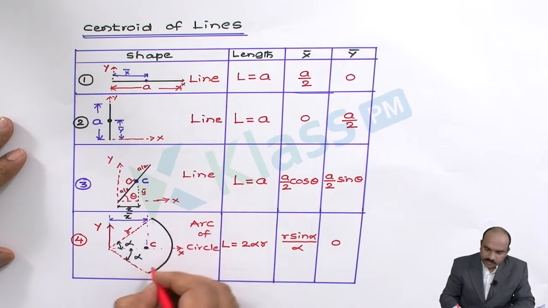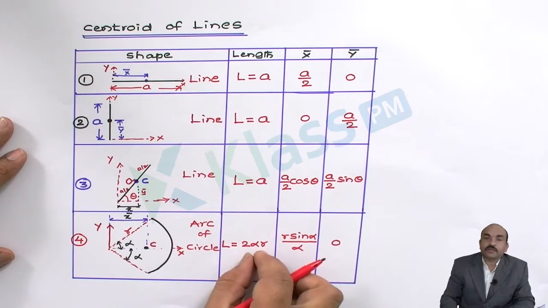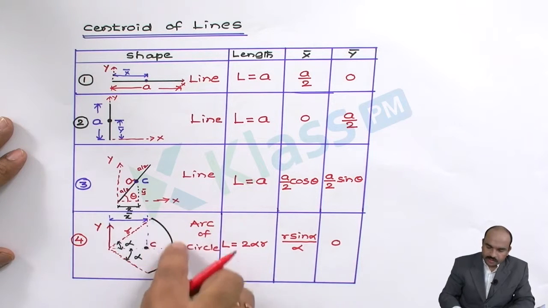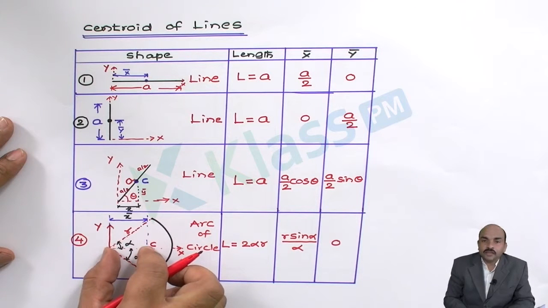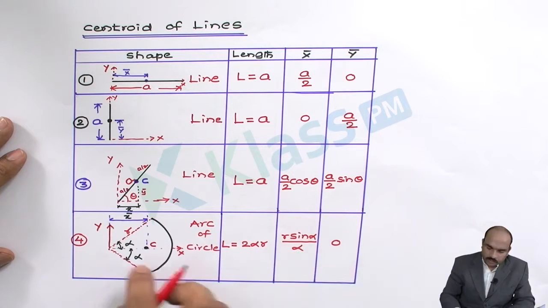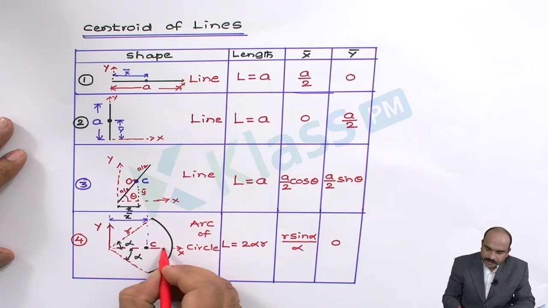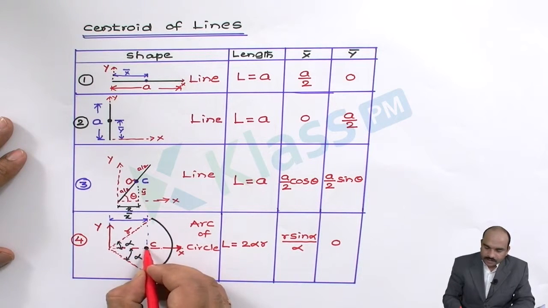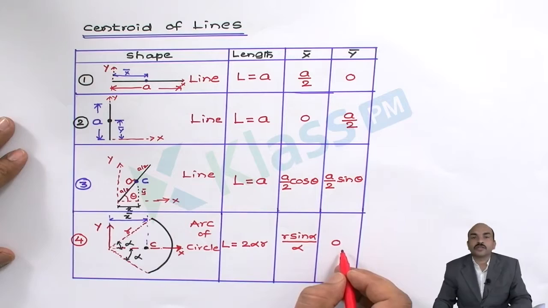The total length of this arc is 2 alpha r, the formula to calculate the length of the arc. Its x bar, the distance up to the center, is r sin alpha by alpha, whereas y bar is equal to 0 because the x axis and the center of this figure are at the same point.